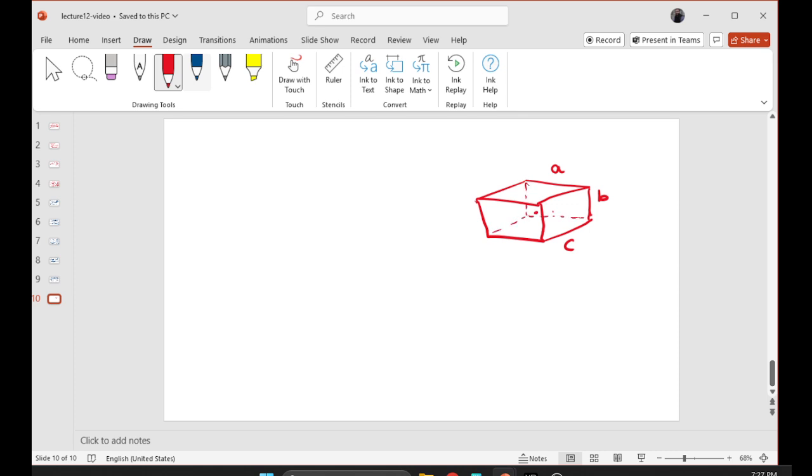Now, if it is not of uniform density, then center of mass may lie somewhere else. Let's say this is the point where the center of mass lies. I'll call this as C1.